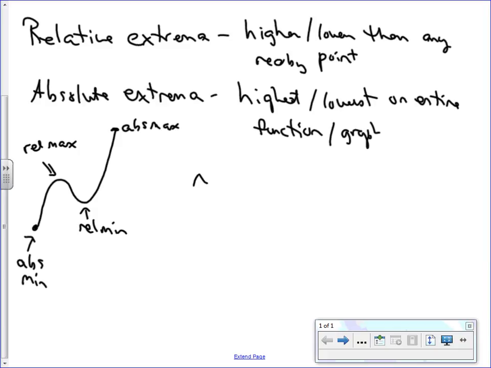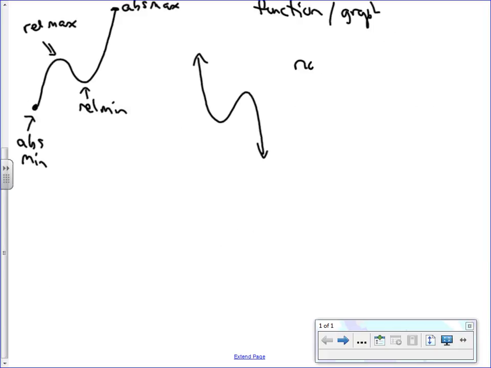This one has no absolute max, and it has no absolute min. It goes up forever and down forever, but it has a relative max, and it has a relative min.